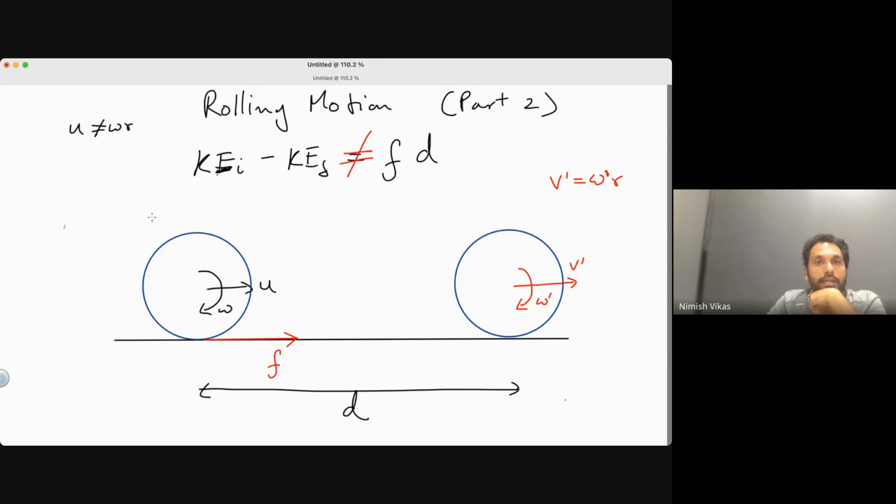So here you will say it is skidding and sliding, therefore the confusion: will it be F D? No, it will be F into X, where X is the rubbing amount. So that becomes a little more technical question. You can think about it later. And how much is the rubbed amount?